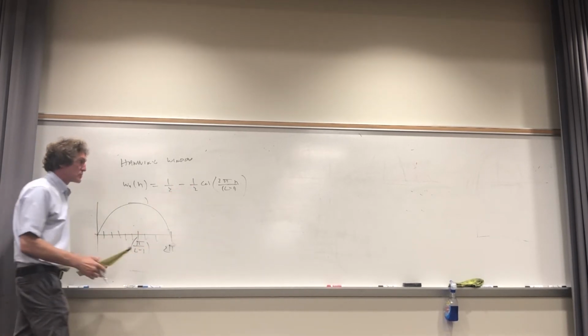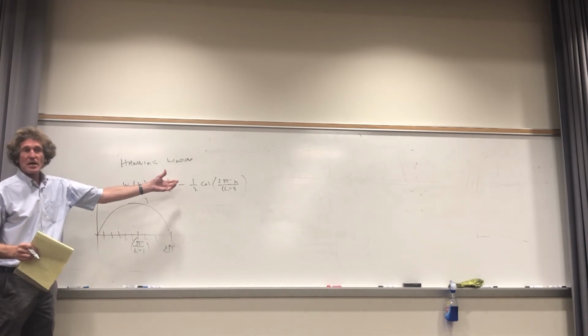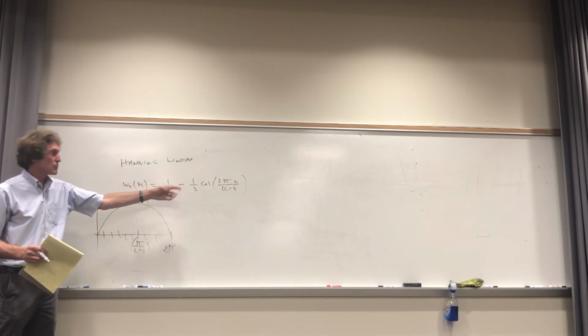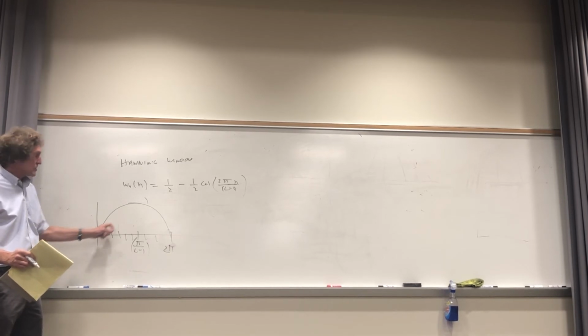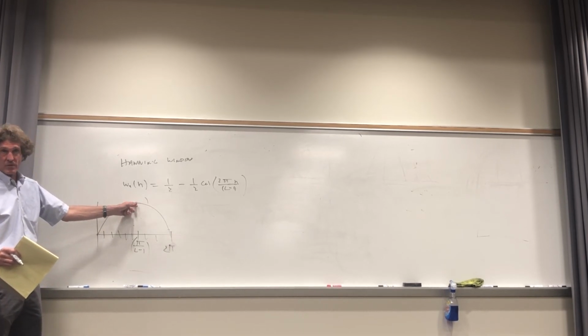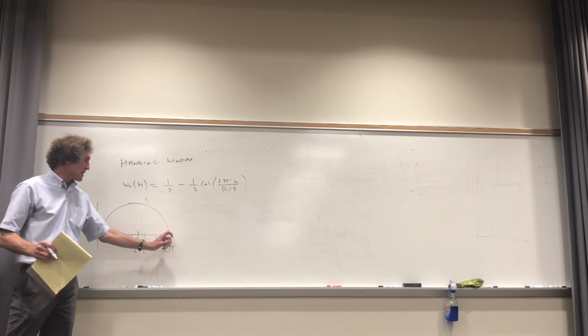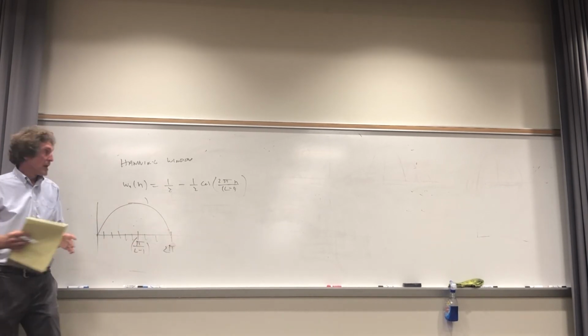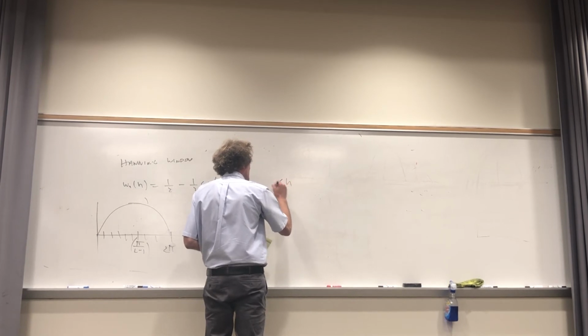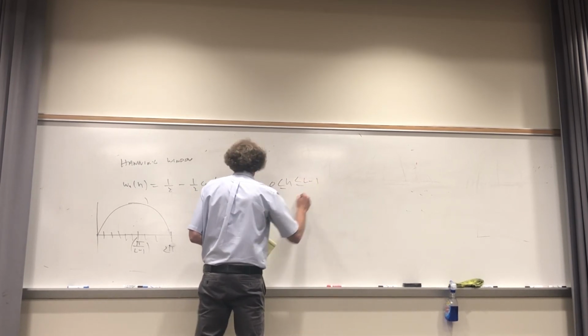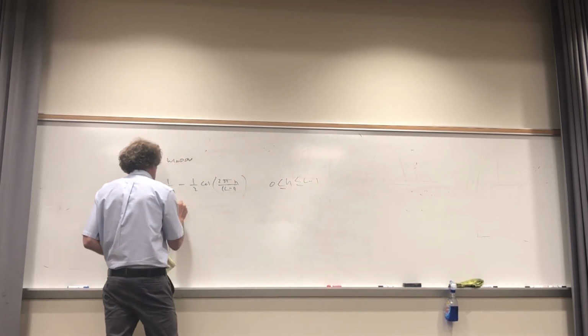You notice when n is 0, the cosine of 0 is 1. I have 1/2 minus 1/2. It starts at absolute 0. It goes to relative maximum right at the center. And then at the end, it goes to 0. All right? And that's the value of this thing for n greater than or equal to 0, less than or equal to L minus 1, and it's equal to 0 else.